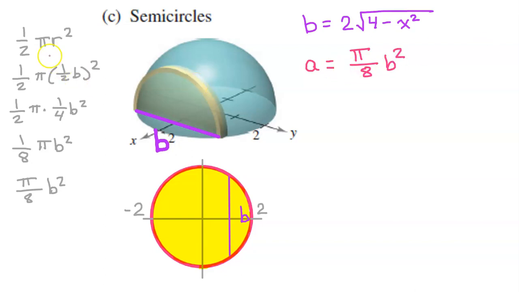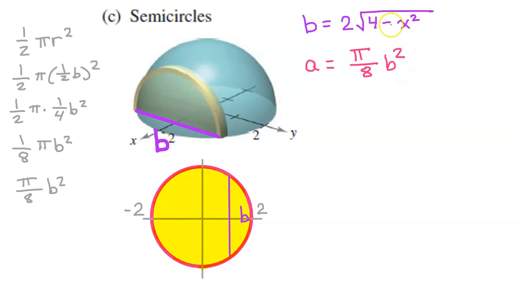So if you don't want to have to go through this every time, you might want to memorize that a semicircle slice with base b has this area. Otherwise, you have to go through this every time.